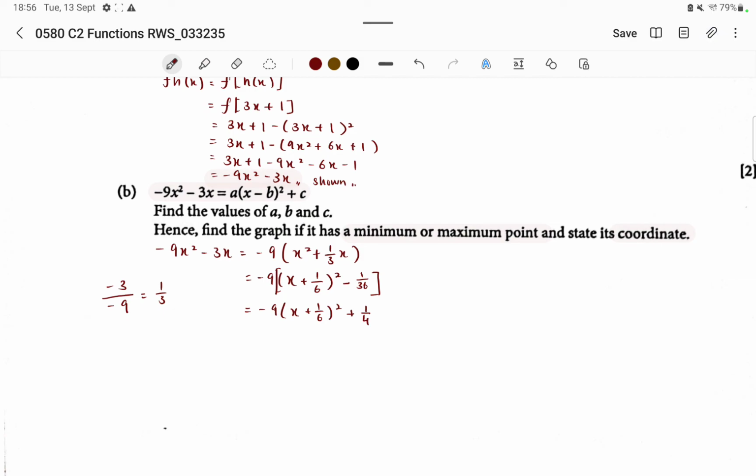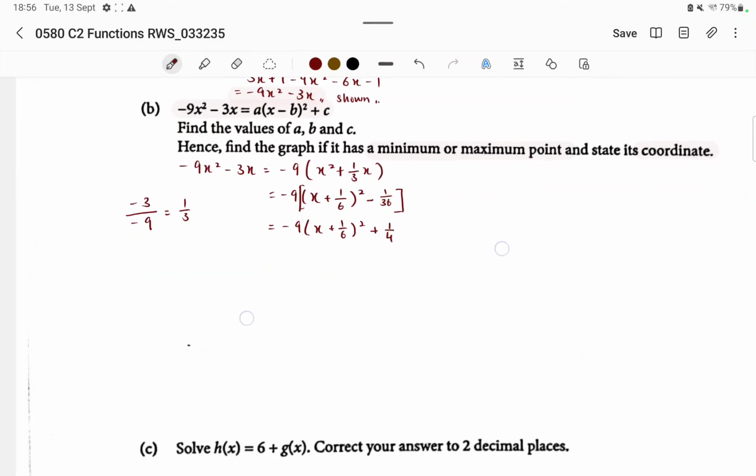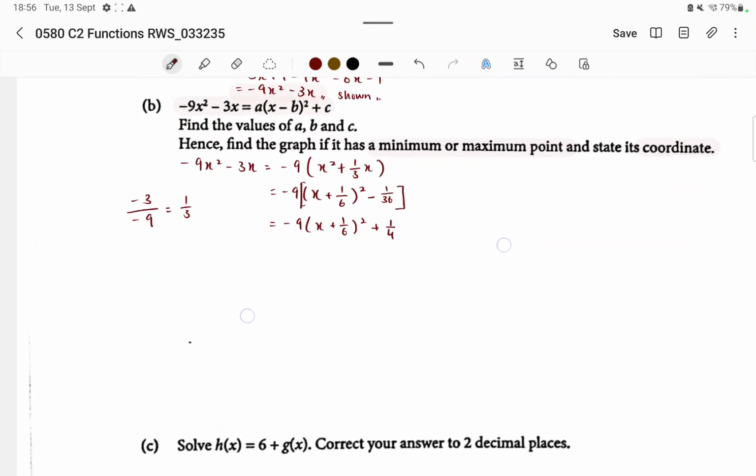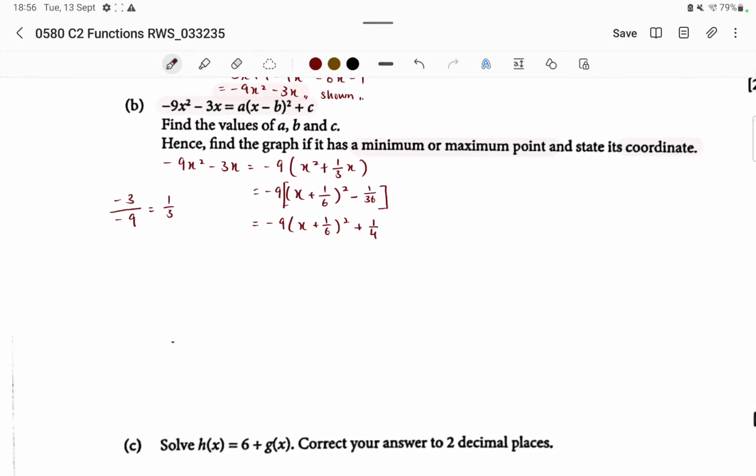Yeah, so this one is correct. So 1 over 4.